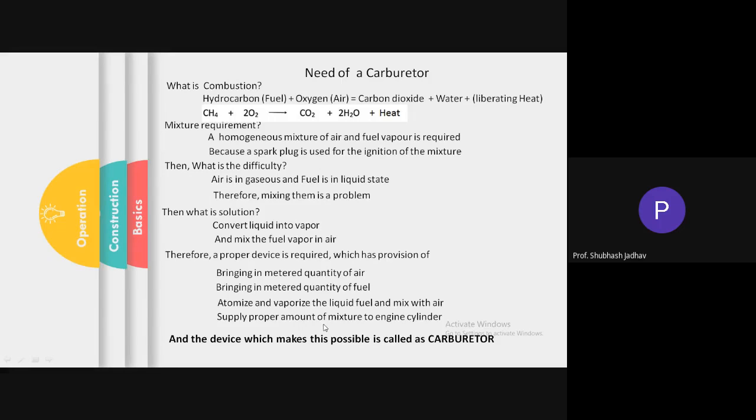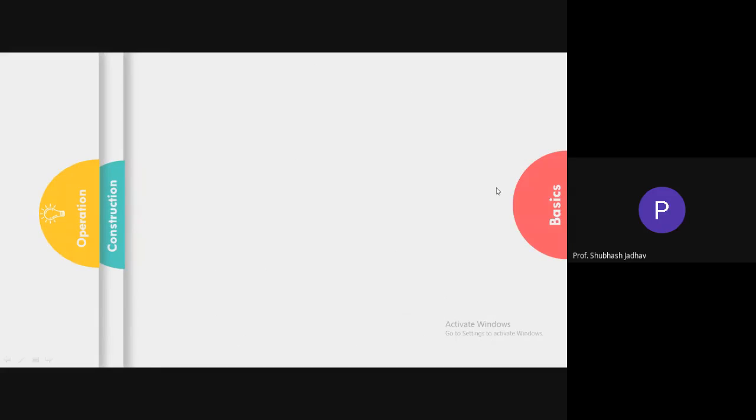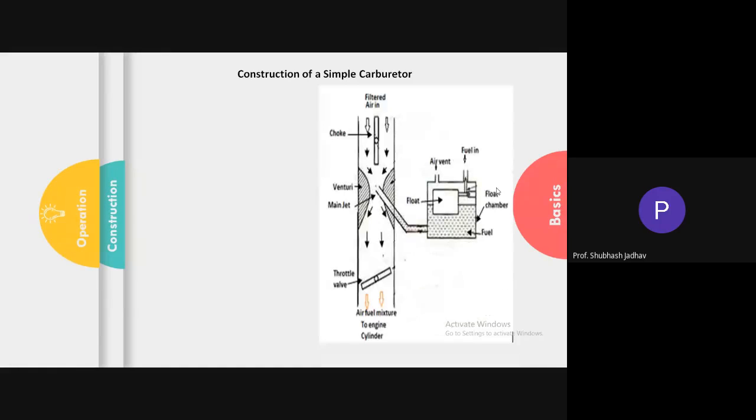What is the function of the device? That is how the carburetor makes it possible to supply the required amount of air fuel mixture so that it can burn and liberate the heat, which is our aim. And in order for this to happen, we require what we call a carburetor.